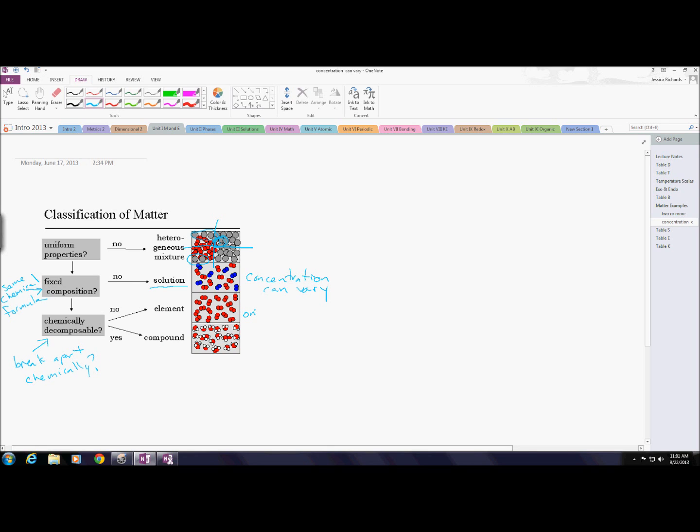Remember we said one type of atom. So again, notice that these atoms are made of two pieces, but they're two of the same kind of pieces. That's still considered one type of atom. That's still an element. If you can break it apart chemically, then it's a compound. And that was two or more types of atoms.